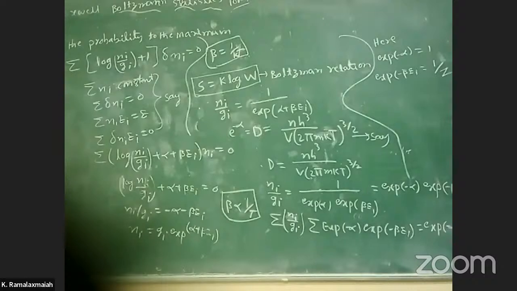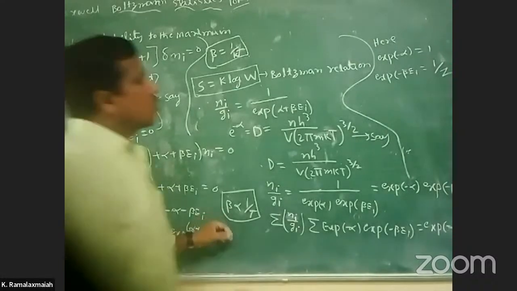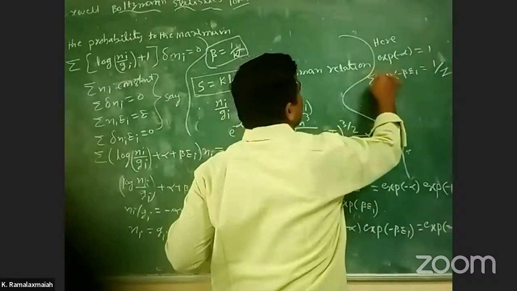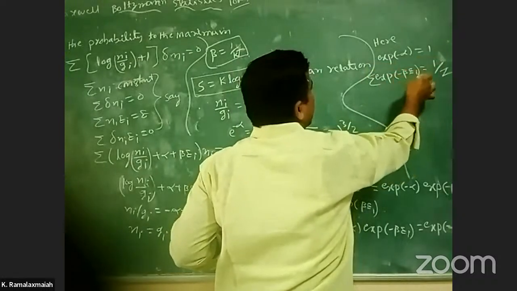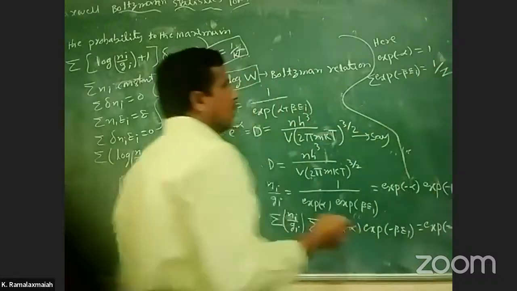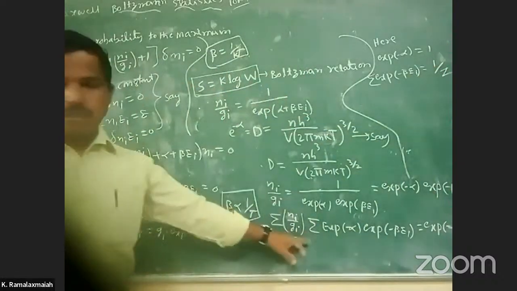Summation of exponential of minus beta Ei is equal to 1 by Z. Both those values we substitute in this formula.